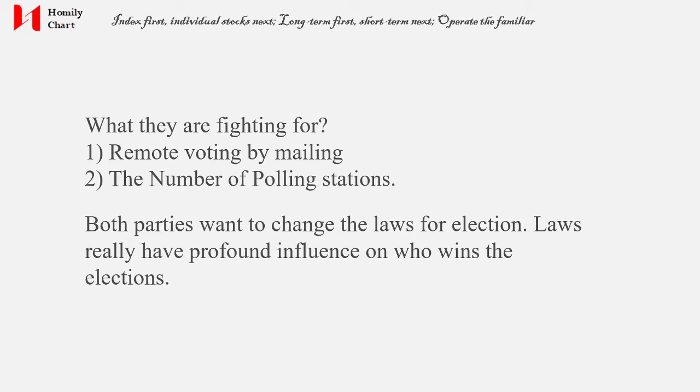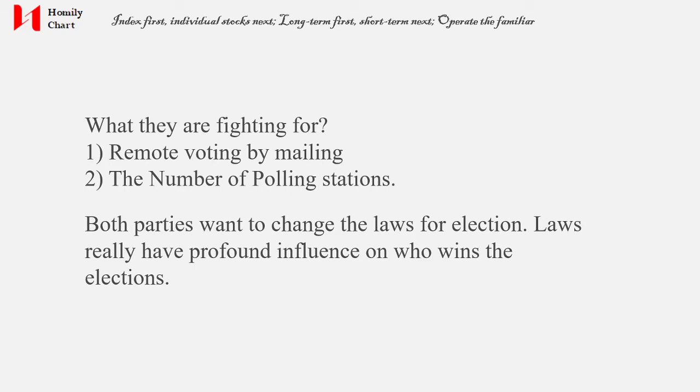Okay, so if they really change the laws to benefit them more, then they will have a higher probability to win even the elections in the future. It means they are not only looking at the general election for this round, they are also fighting for future elections. Who can win future elections? Right? So they are looking at very long-term benefits rather than the immediate benefits.